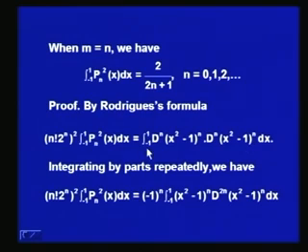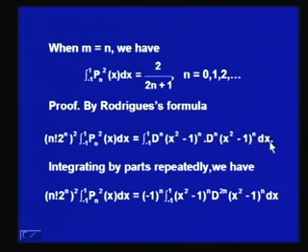When we evaluate its value at minus 1 and 1, it will be 0, because dn minus 1 of (x square minus 1)^n will contain x square minus 1 as a factor. So, after integrating it once, we will have its value as minus the integral over minus 1 to 1 of dn minus 1 (x square minus 1)^n into dn plus 1 (x square minus 1)^n dx.